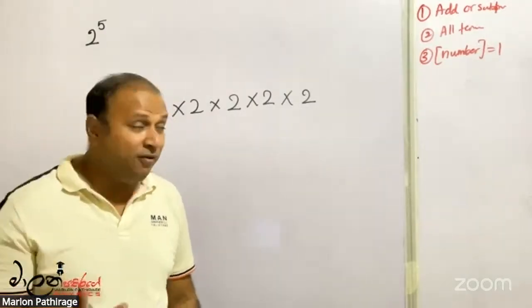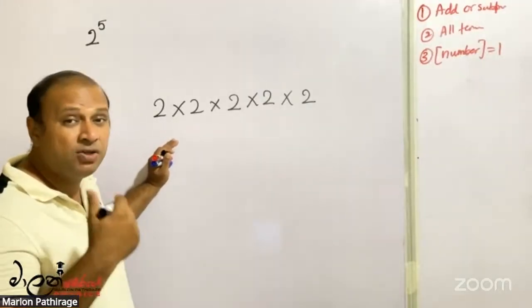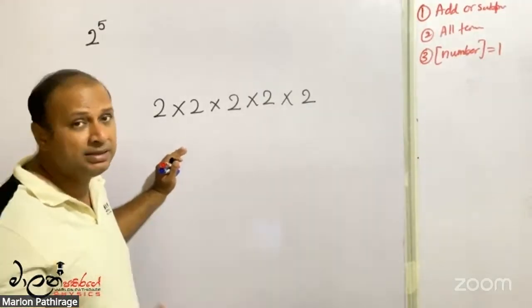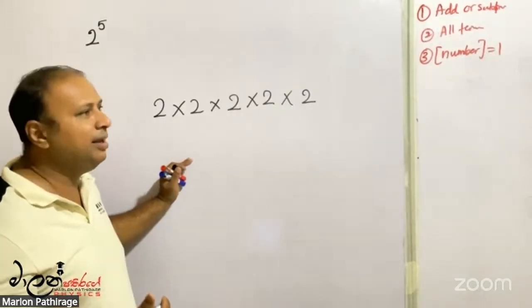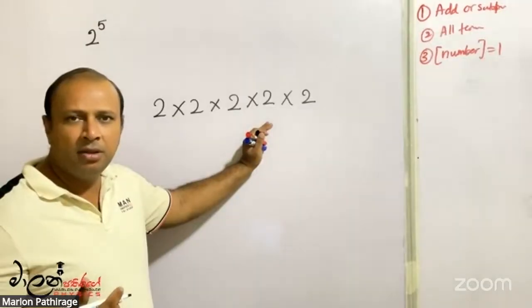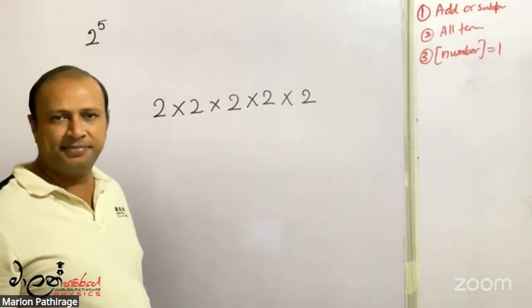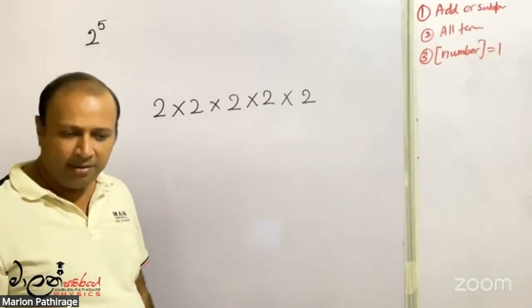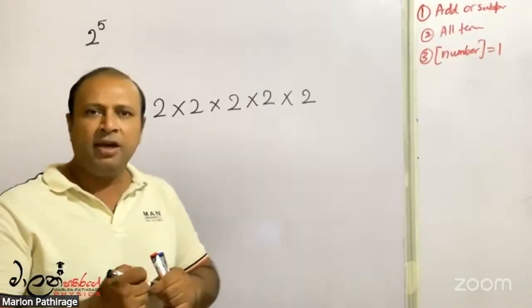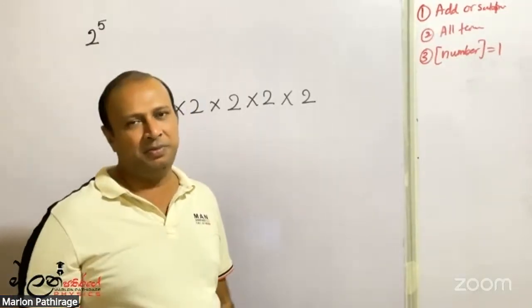If any number is multiplied by its own value several times, it is a very lengthy way to write it like this. Therefore, there should be a short method to represent this multiplication.